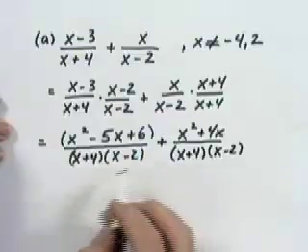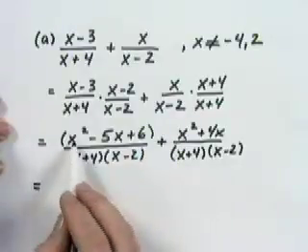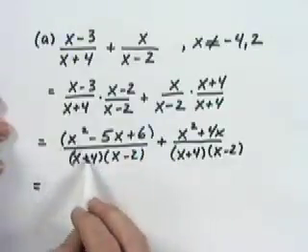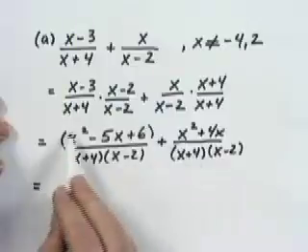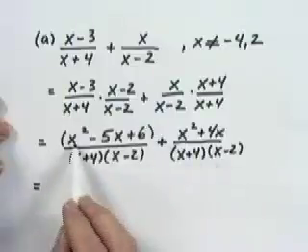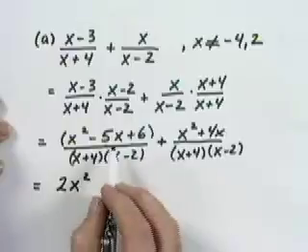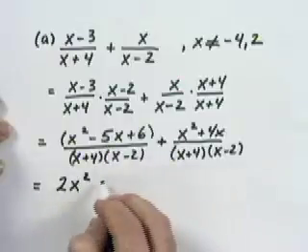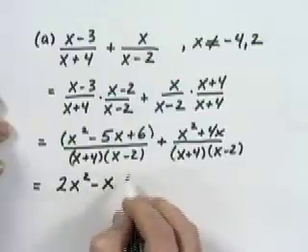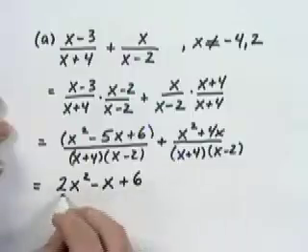Finally, what we want to do is combine like terms in the numerator. Because I have common denominators, all I need to do is add the numerators. x squared plus x squared gives me 2x squared. Negative 5x plus 4x gives me negative x, and then I have plus 6.